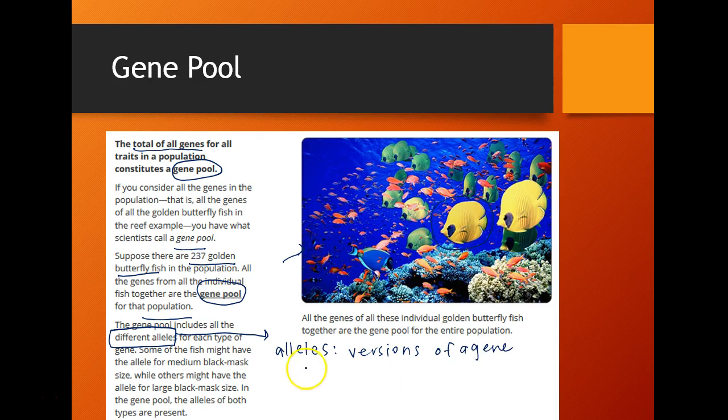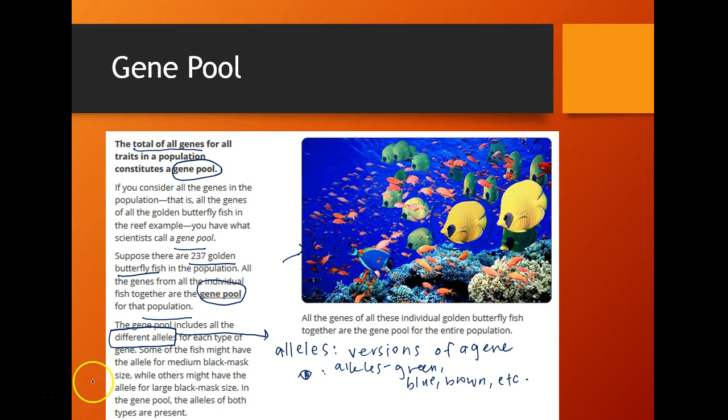So for example, if we had the eye color gene, different alleles would be like green, blue, brown, etc. Okay, so again, the gene pool has all the different possible alleles for each type of gene.